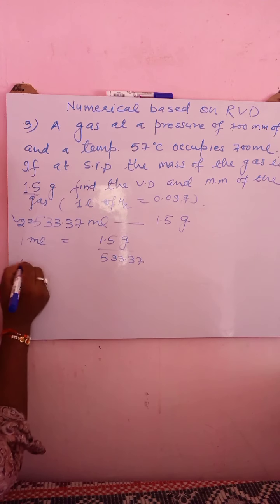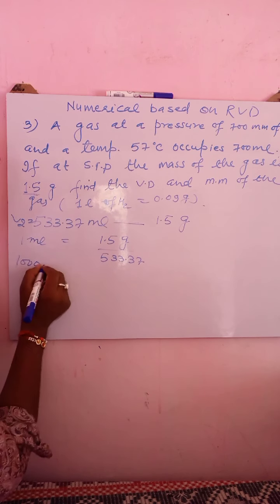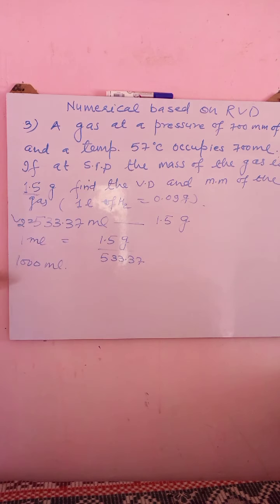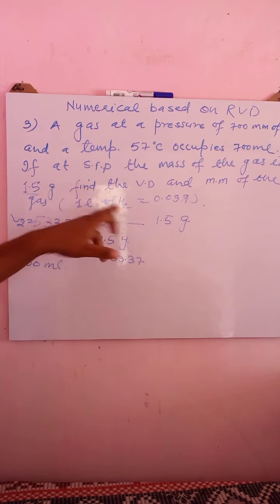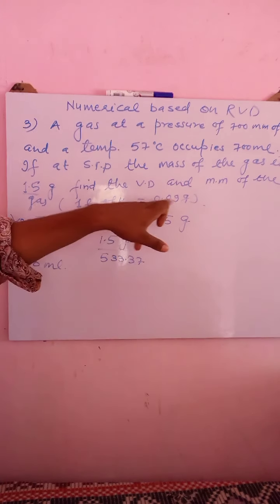Now, because we have to find out with reference to hydrogen gas, 1 liter means 1000 ml will weigh 0.09 gram.